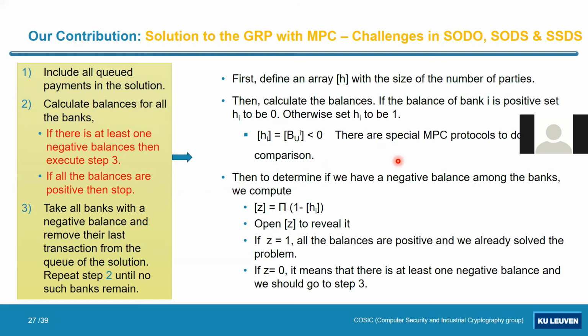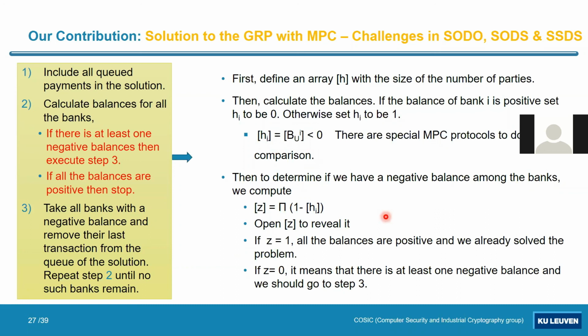First, we defined an array of h with the size of the number of parties. Then we calculate the balances. If bank i has a positive balance, then we set h_i to 0. If the bank has a negative balance, then we set h_i to 1. This can be done with a special MPC protocol of comparison that we have, like this equation that you can see here.